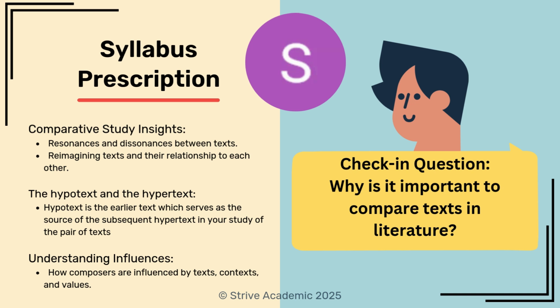The reimagining of text is something that also becomes emphasized in the rubric. You're looking at how perhaps the newer text has reimagined or appropriated or adapted or reshaped some of the messaging or the ideas or perspectives.